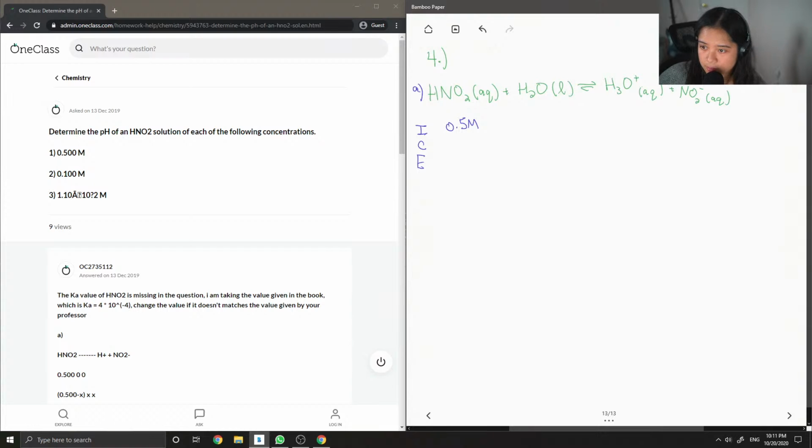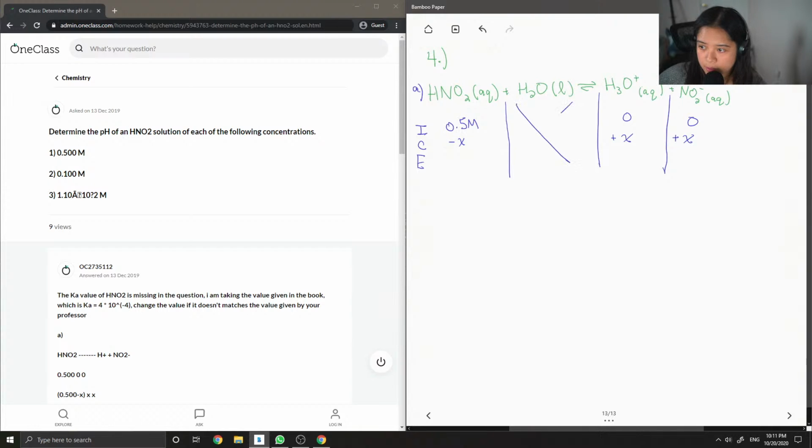And then we draw it out like this. It'll be 0, 0 for our two products. The change is negative x. These are just positive x.